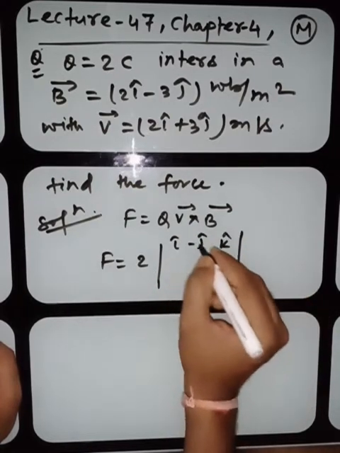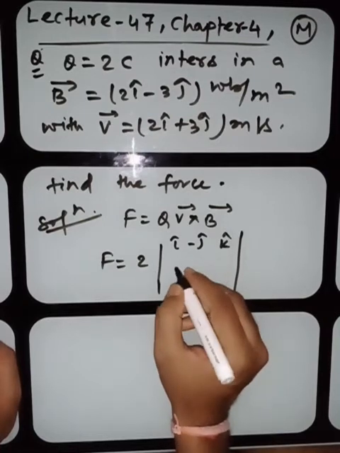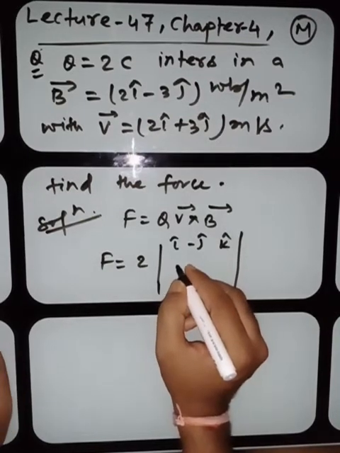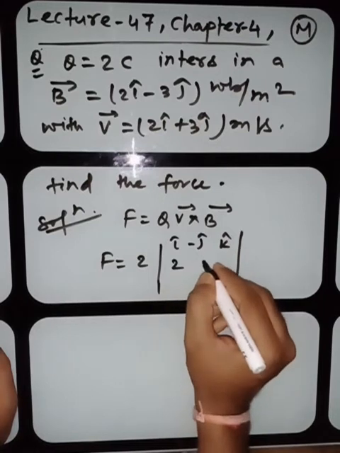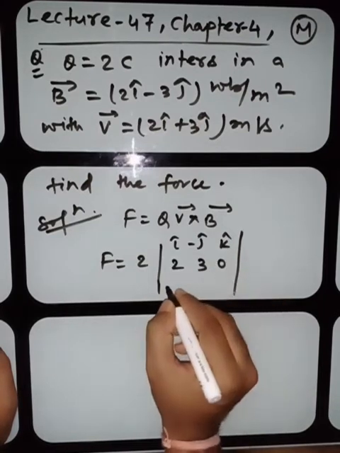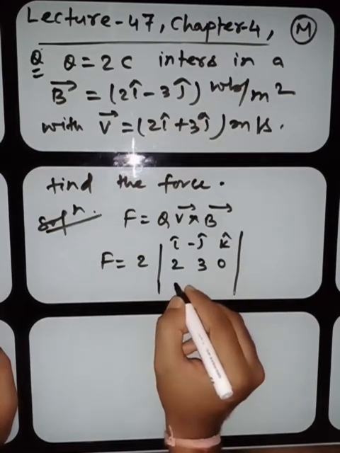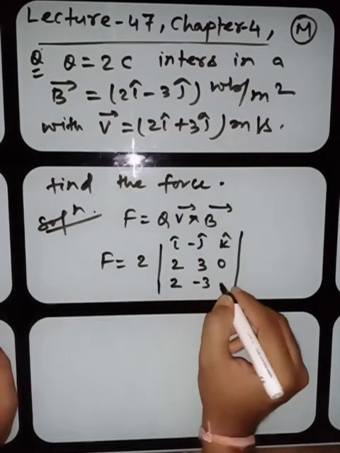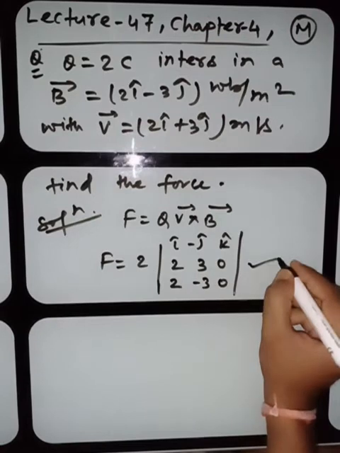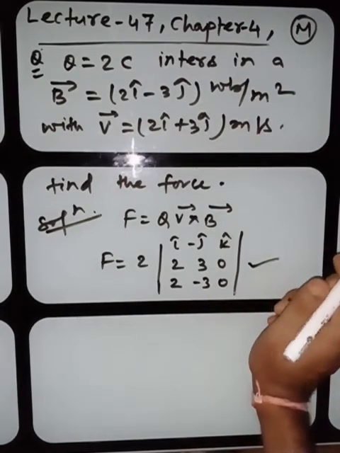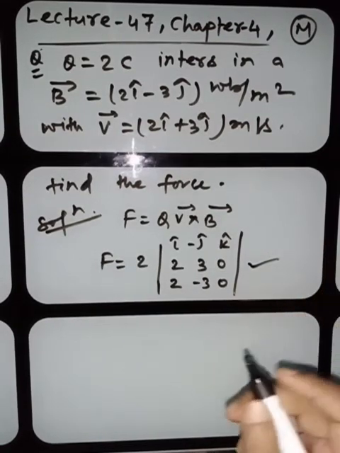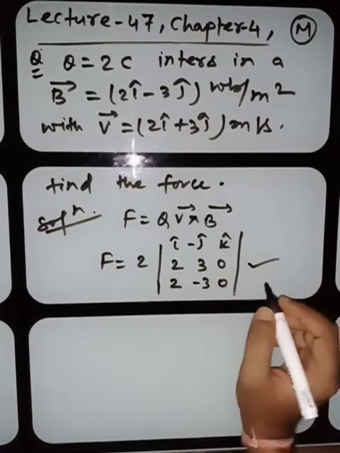For v the coefficients are 2, 3, 0, and for B they are 2, minus 3 and 0. I hope you can solve this one. Yes, you can solve it.